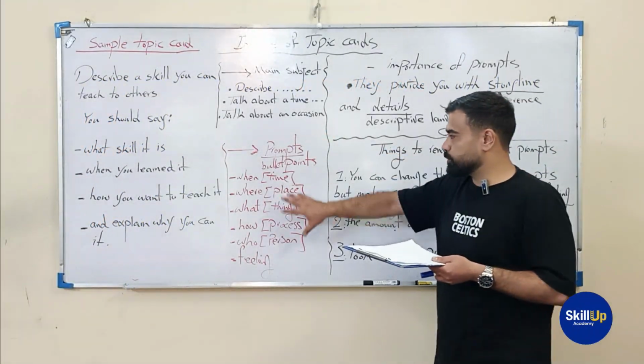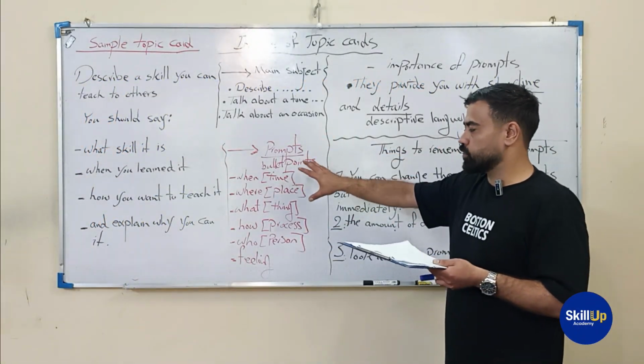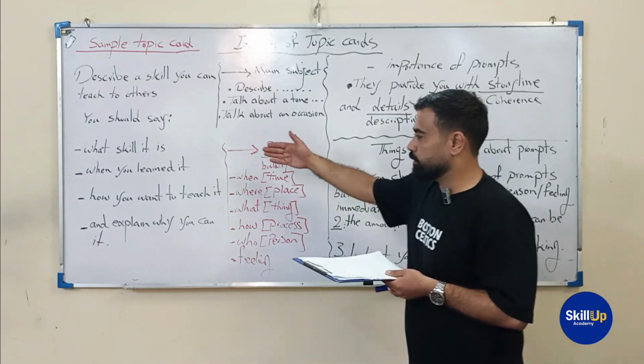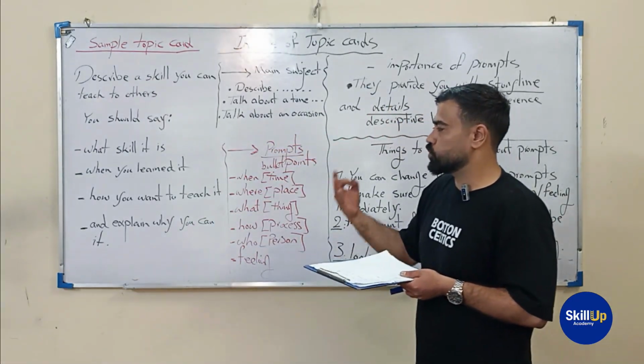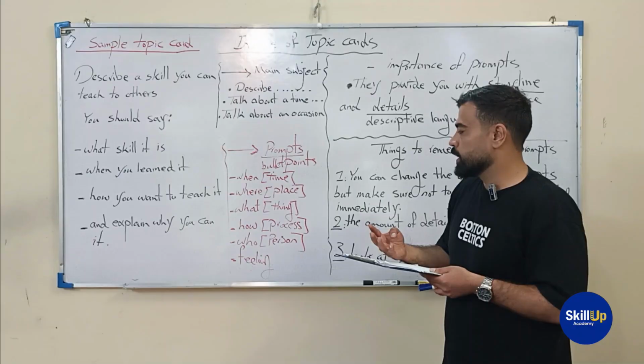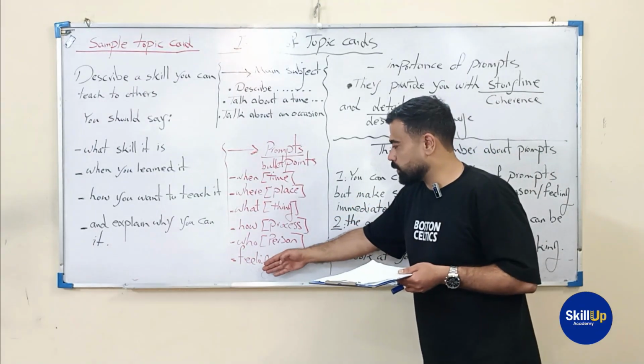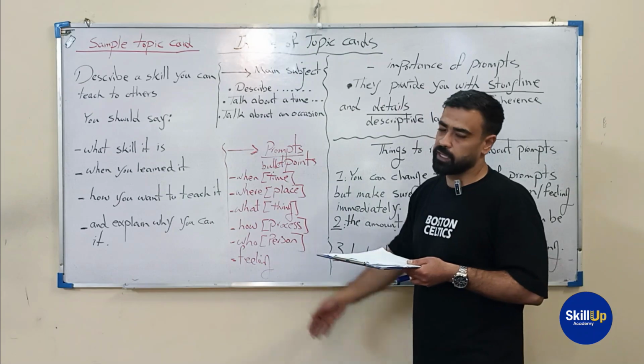You can find these prompts in almost all types of topic cards, yeah? As you can see, there are 6 of them, but maybe you can find 3 or 4. Sometimes there are 3 prompts, sometimes there are 4 prompts, but it doesn't matter what the number is, they are always one of these things.